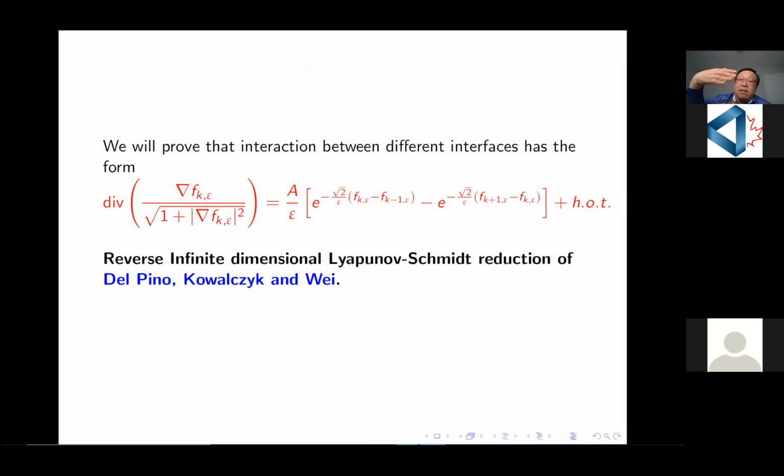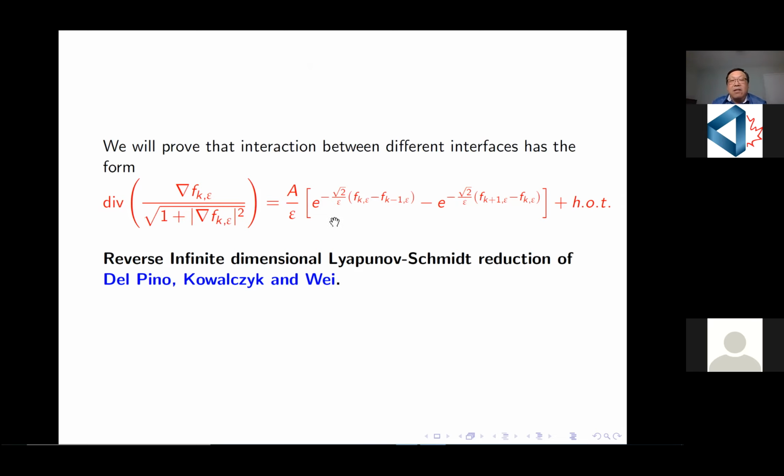And what is the interaction equation? This is the interaction equation. We found that the interfaces interact by this formula: this is the mean curvature, and this is the exponential interaction between neighboring interfaces, or leaves.